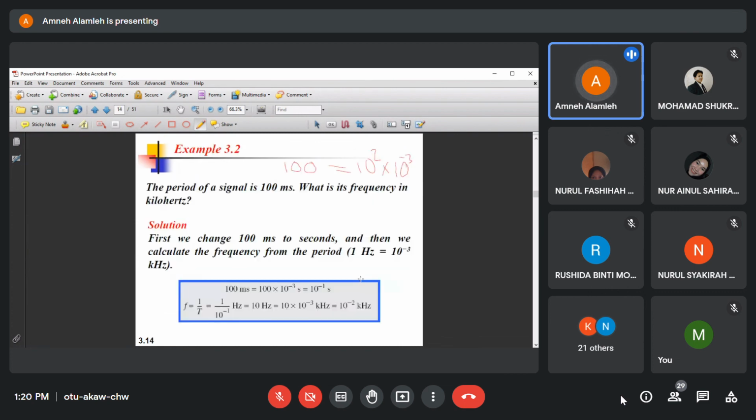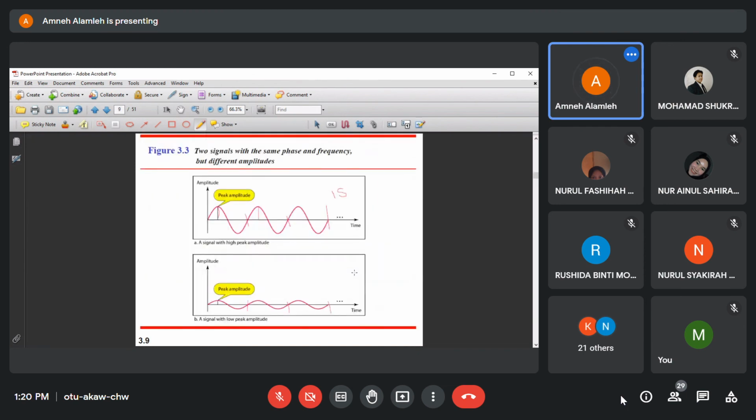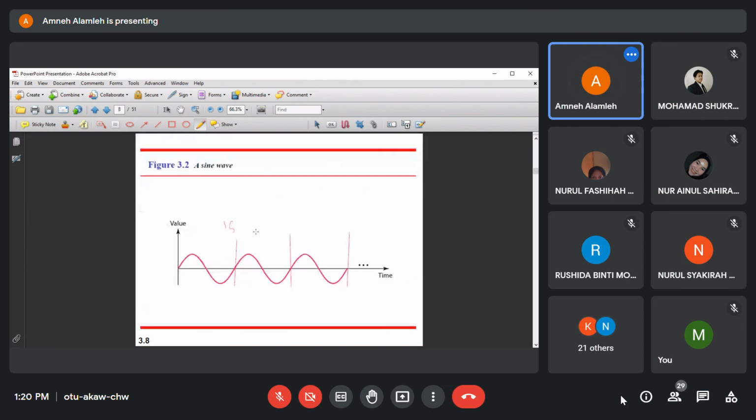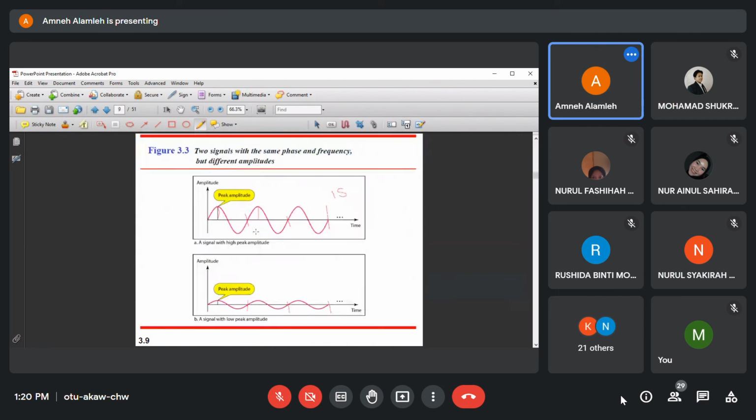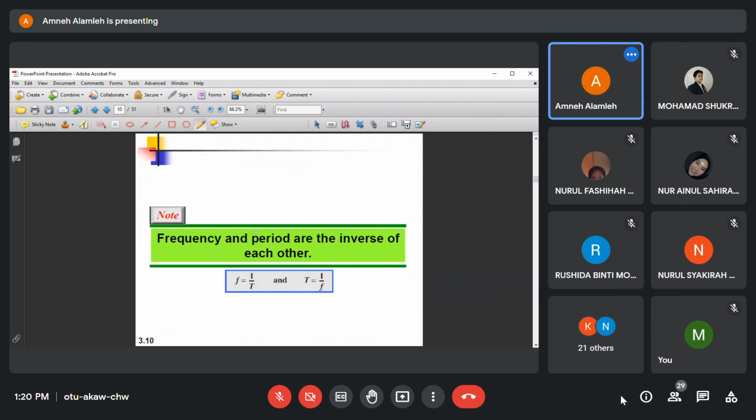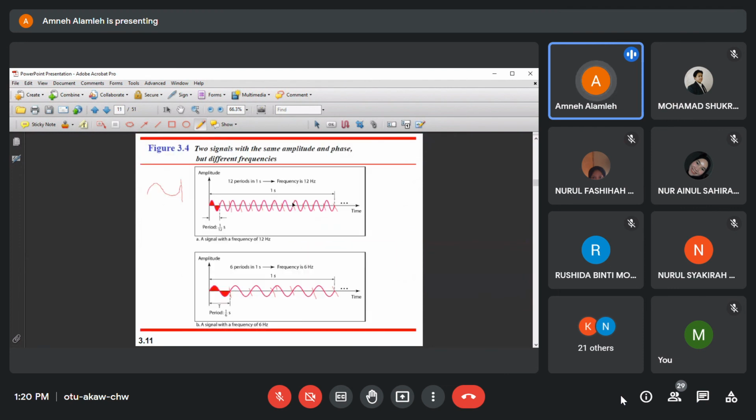So if we go back to our examples, here we have high frequency in A, and in B, we have low frequency.